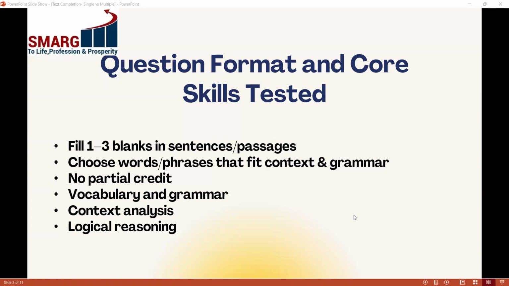Let it be a singular blank or multiple, looking at your sentence, especially in situations wherein you have to choose combinations, you should be able to read the sentences in relation with one another. There are a lot of connectors, conjunctive adverbs, and phrases that are used, because of which you get a clue as to in what sense the next blank must follow. So grammar comes in.